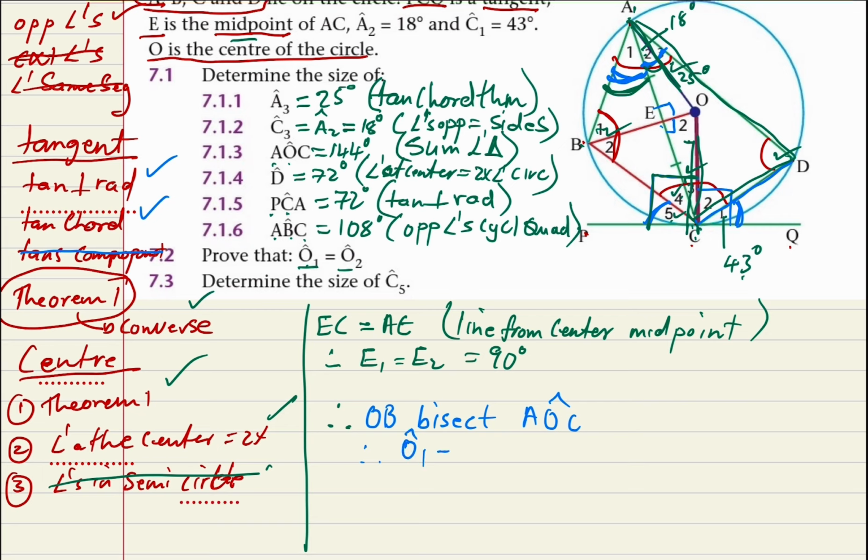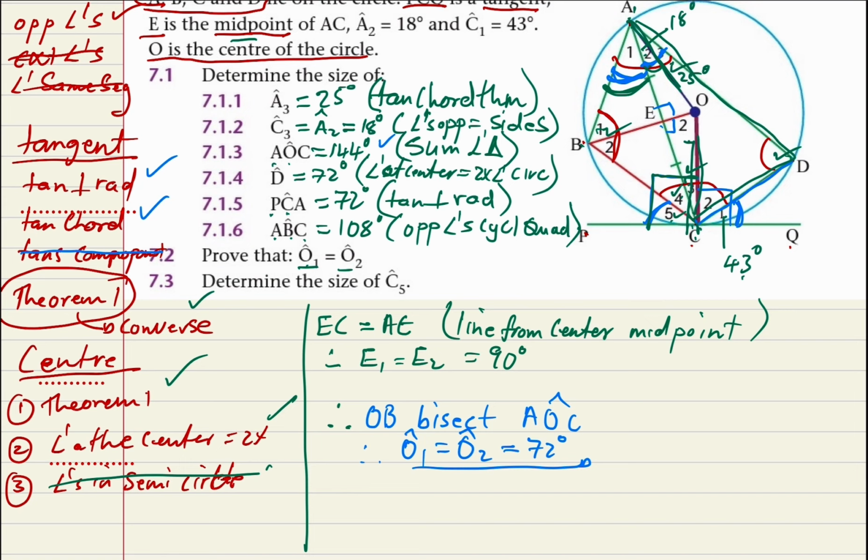O1 is equals to O, sorry, that is Q, that's not O2, which is equals to 144 divided by 2. What is 144 divided by 2? That will be 72 degrees. That is how I have proven it.